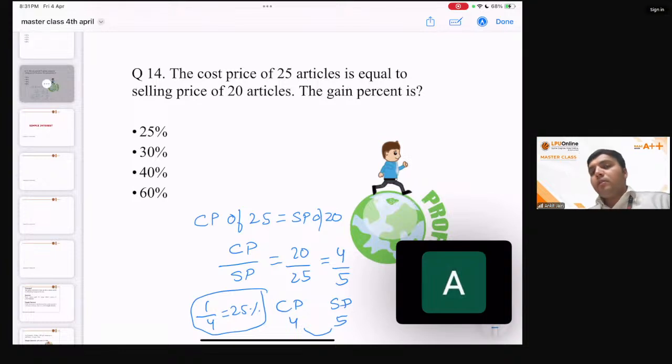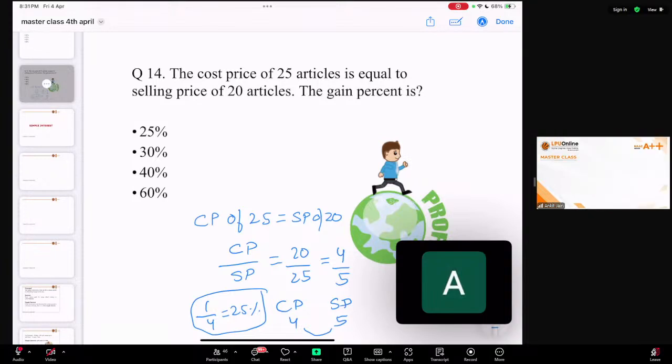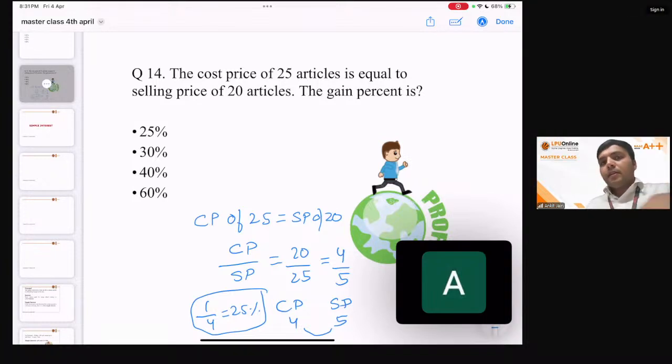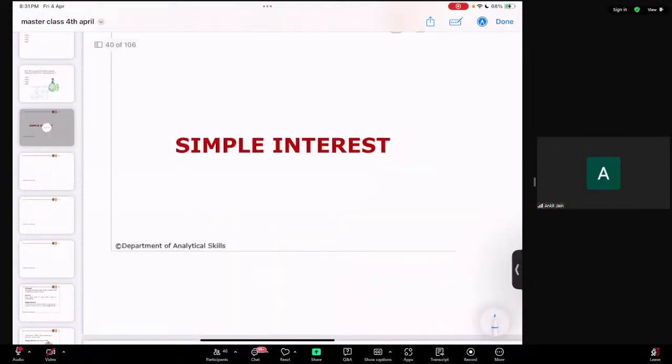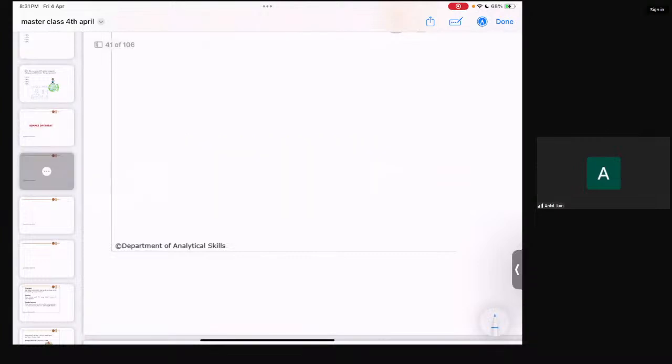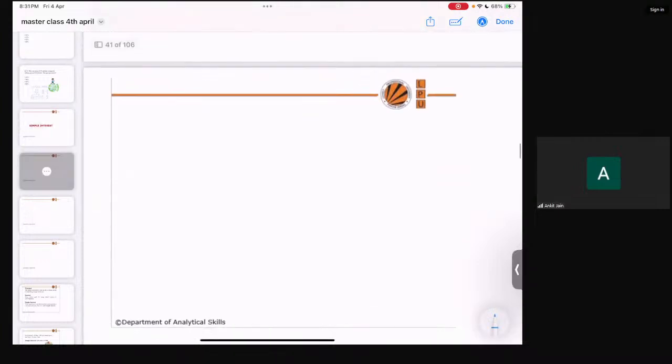Any doubts till now you can ask. Then we move to the next connected topic, which is simple interest and compound interest. Shruti said no doubts.